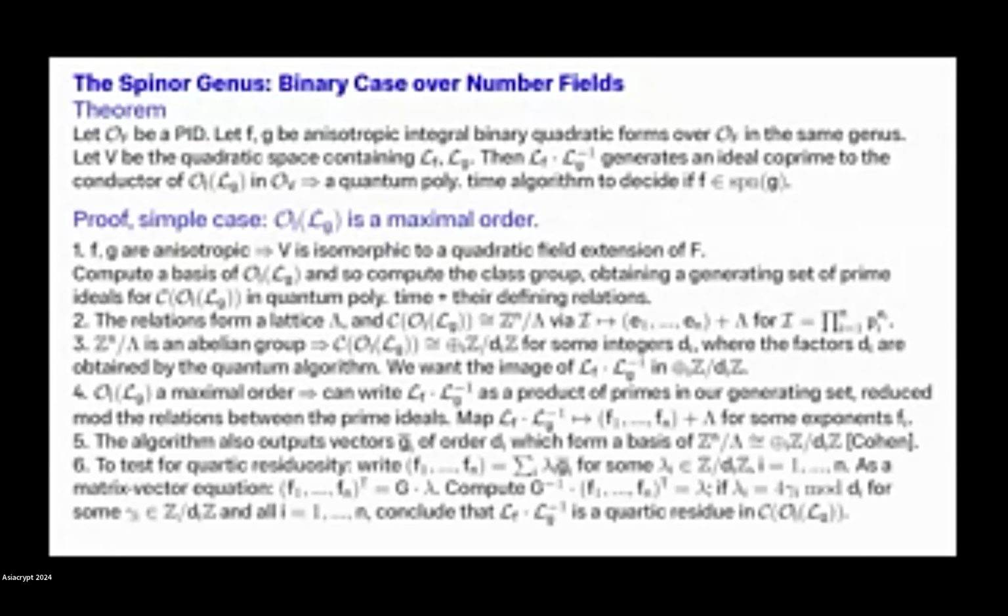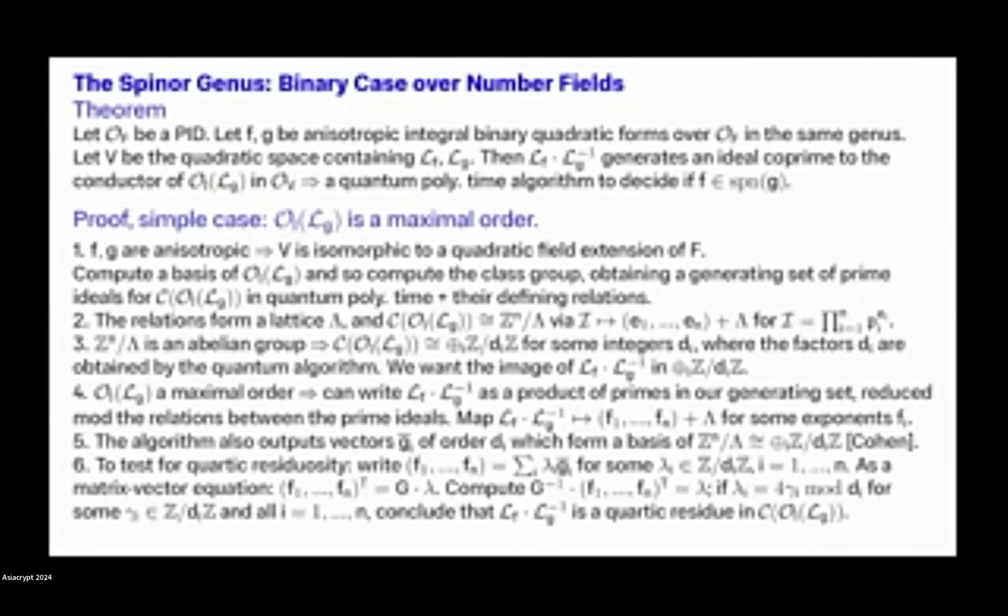We can then test for quartic residuosity. We proceed as follows. We write our tuple of exponents, f_1 up to f_n, as a linear combination of these basis vectors, g_i bar, with some coefficients λ_i. We can then write the g_i bar as the columns of some matrix G and invert G on this expression to obtain G inverse times (f_1 up to f_n) transpose equals our vector of coefficients λ.